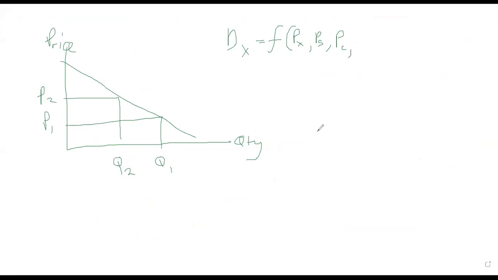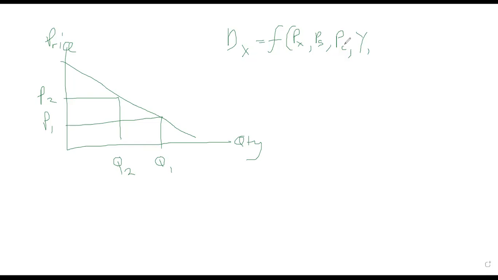The other factor that affects the demand for a particular good, we said, was income. Income is denoted by the letter Y or M or I itself. Income also has a special feature we call the income effect.